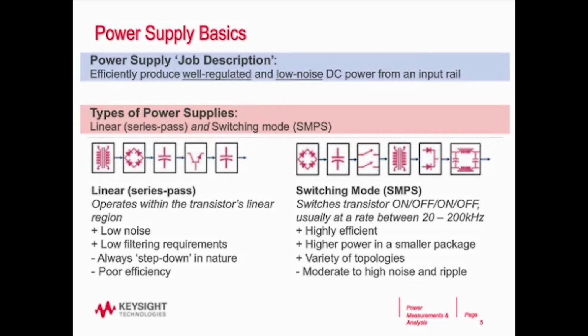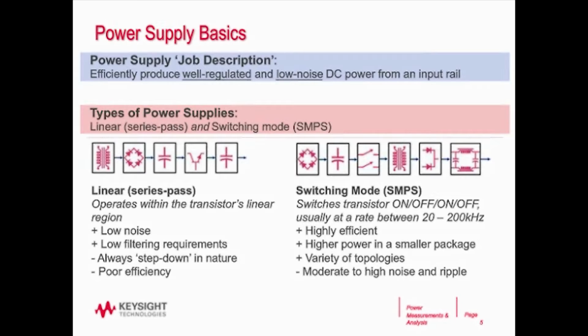There are still linear power supplies out there today. In fact, many DC to DC converters are effectively linear power supplies. They have low noise, low filtering requirements. Some of the trade-offs, though: they're always step down in nature. They're inefficient. They're somewhat costly. And as far as a big linear power supply, they're big and heavy and bulky and can generate a lot of heat.